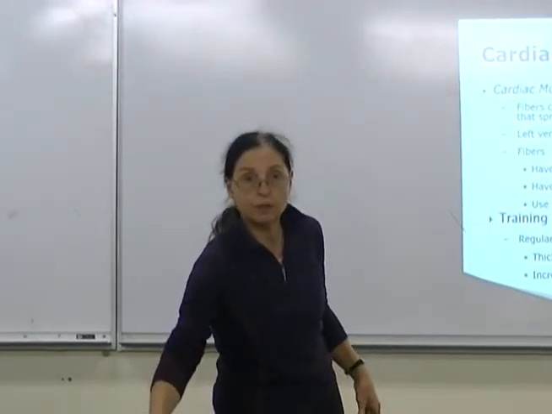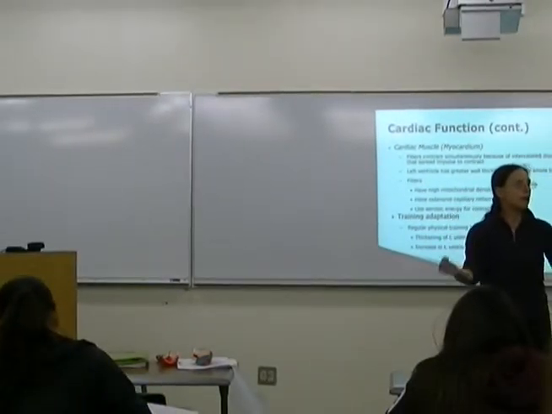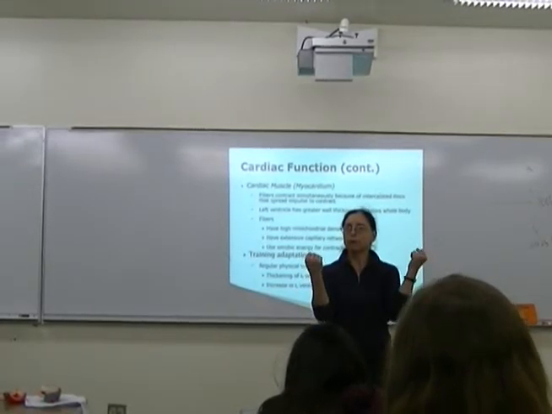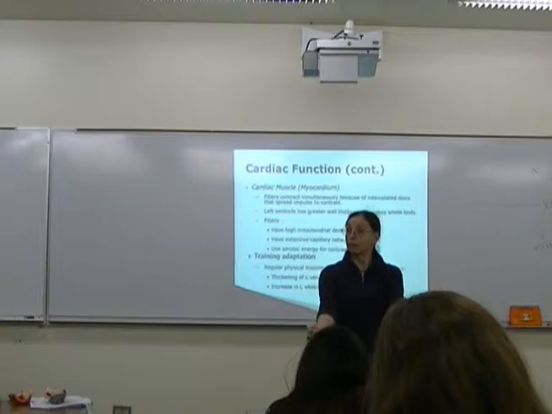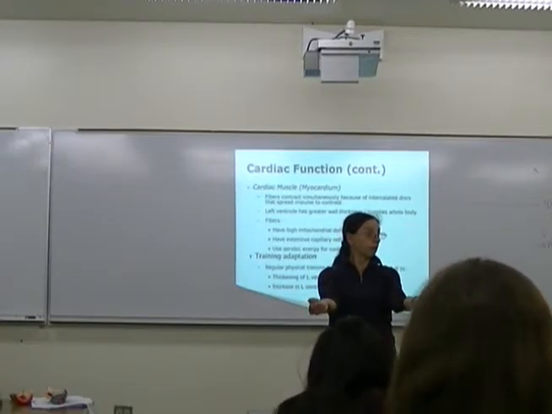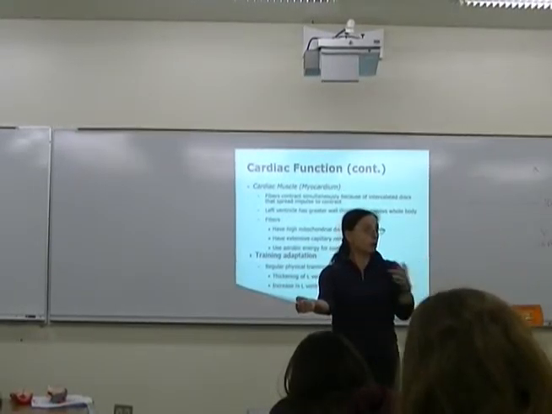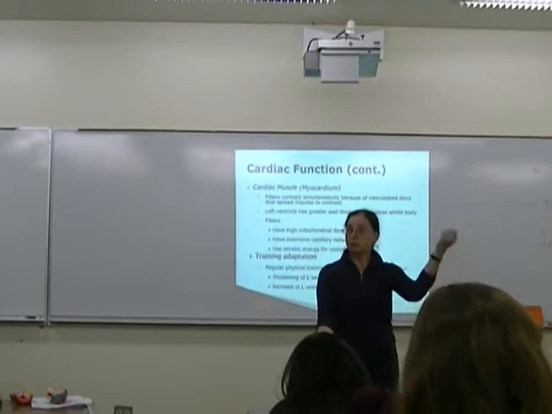If I'm down in the gym and I have a 1 pound weight in this arm and a 10 pound weight in this arm, what do I expect to see happen? The arm with the 10 pound weight is bigger and stronger, right? This arm is going to be bigger and stronger than this arm.